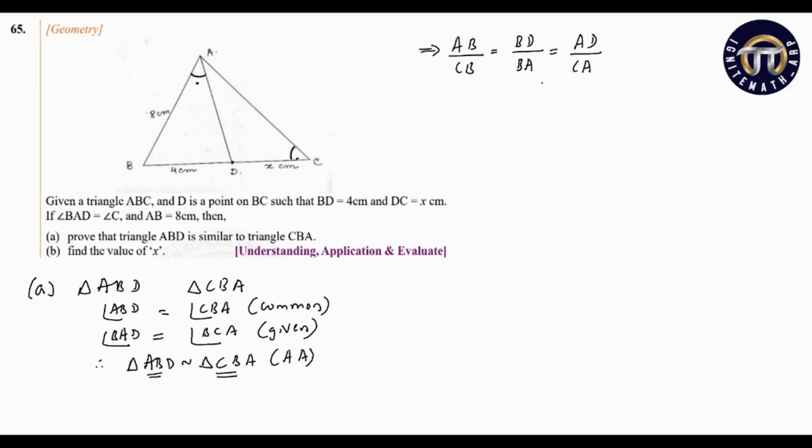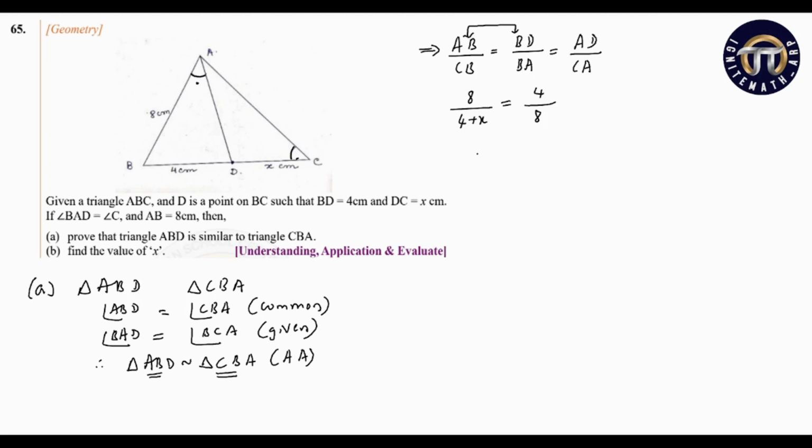So wherever, whichever is known to you, you can take. So AB is known to you. Yes, it is known to you, 8. CB is known to you. Yes, it is 4 plus X. Do you know BD? Yes, I know it, 4. And BA, I know it as 8. So these two are sufficient to find out the value of X.